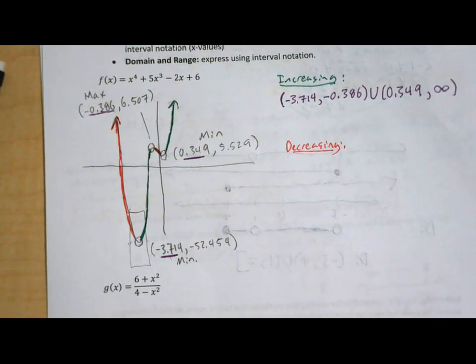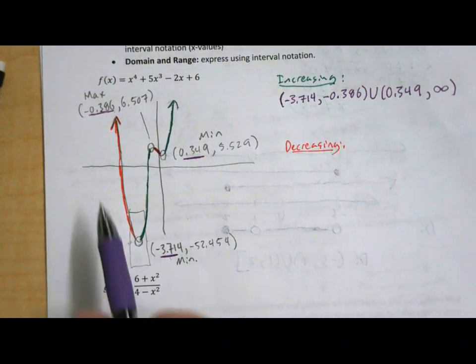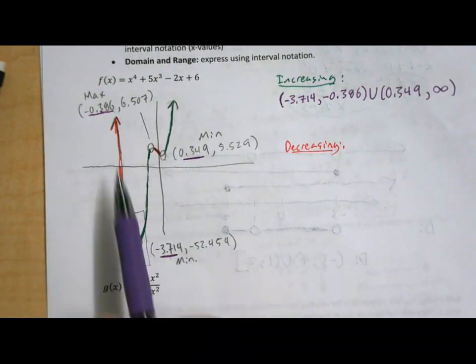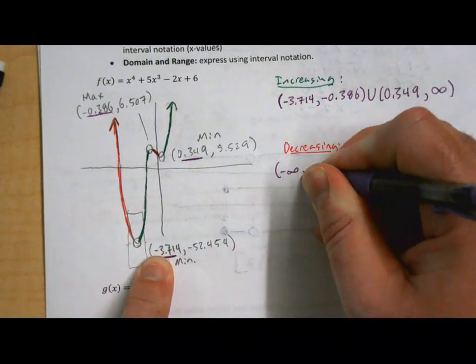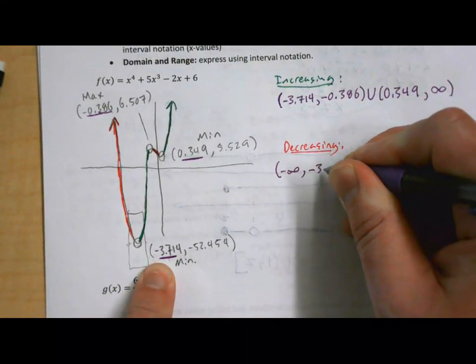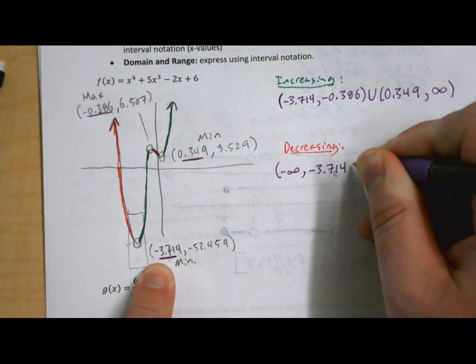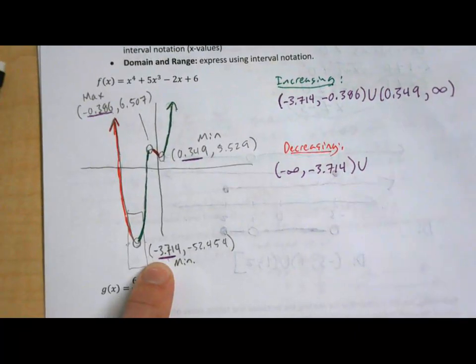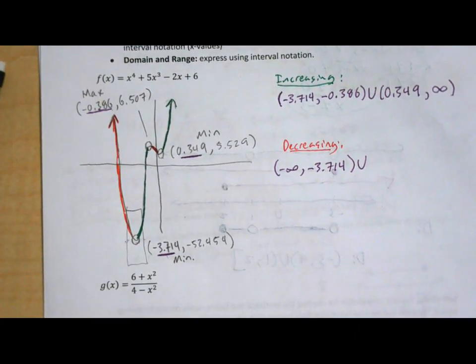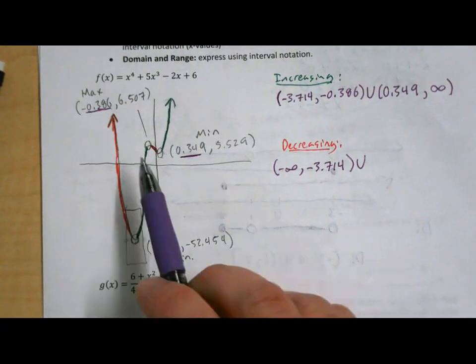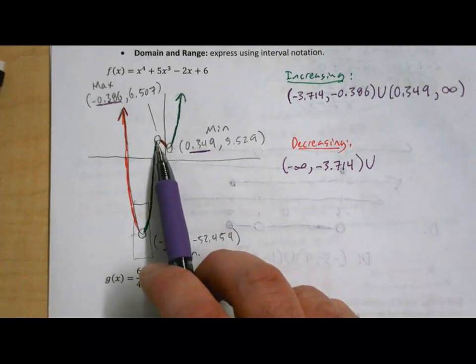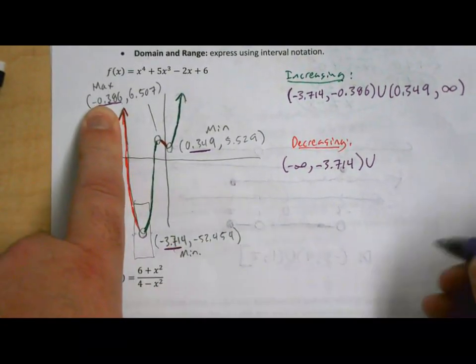All right, decreasing. It's decreasing from negative infinity up to this point. And then it's also decreasing in this really short interval here between these 2 x coordinates.